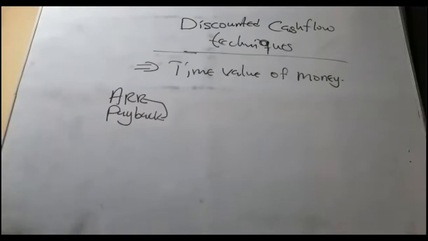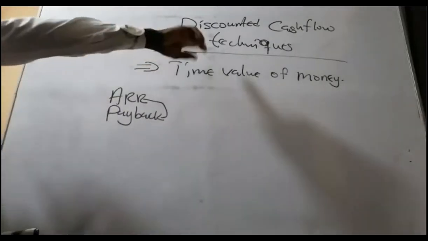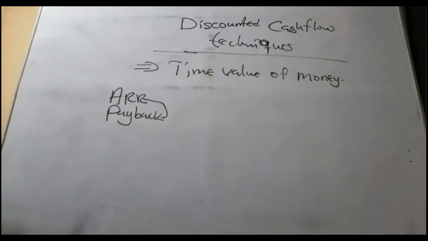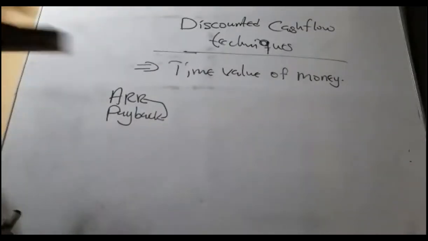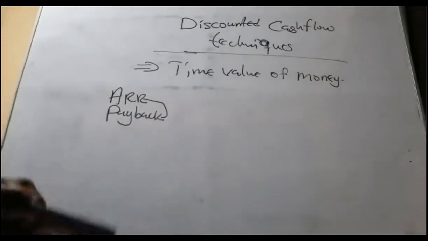Money. But the discounted cash flow techniques take into consideration the time value of money. So basically, that is the difference. The issue with the time value of money is being solved by discounting the cash flow.